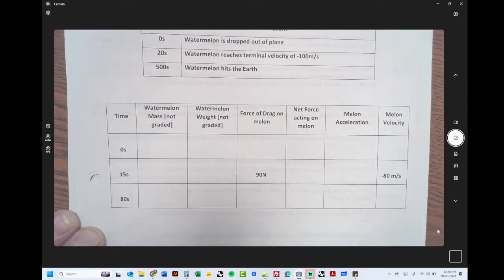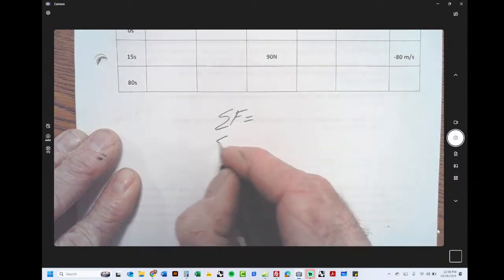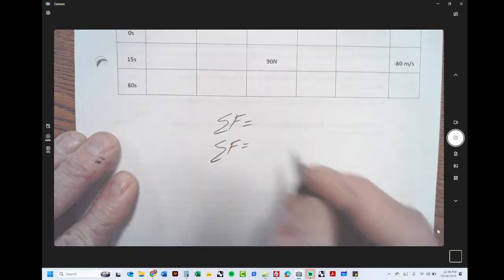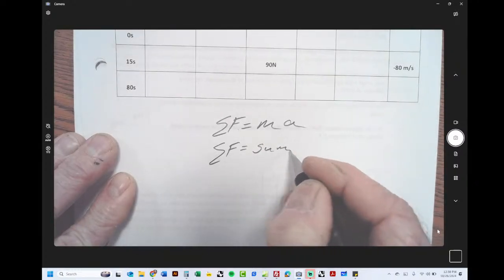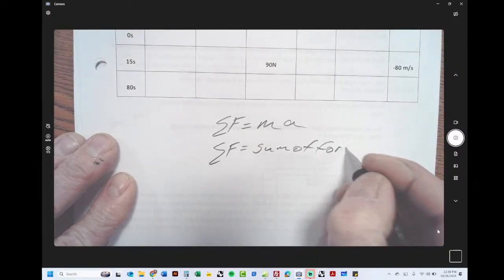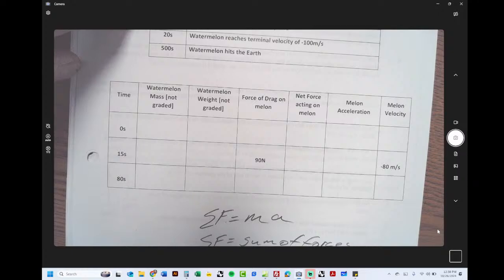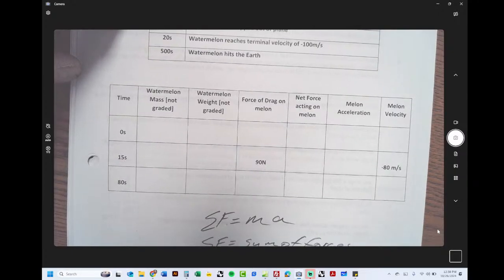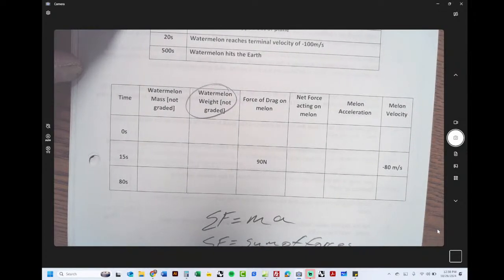And remember, there are 2 ways to get net force. This is the important thing here. What's one way to get net force? MA. What's the other way to get net force? The sum of the forces. And the forces that are involved when something's falling, how many are there? 2. What are they? Gravity, which is the watermelon weight, and drag.